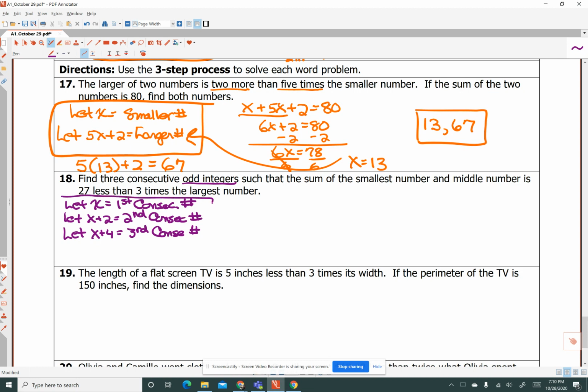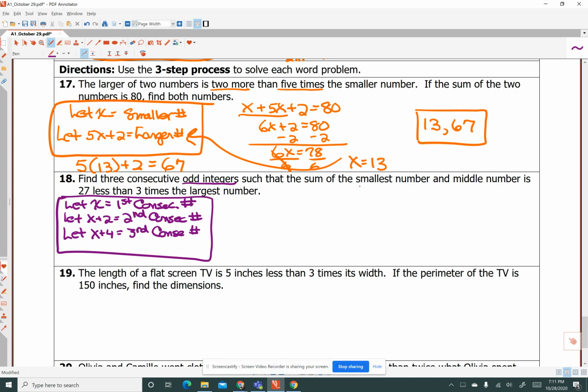And there's our X box. Now let's set up our problem. It says the sum of the smallest and the middle is 27 less than 3 times the largest.